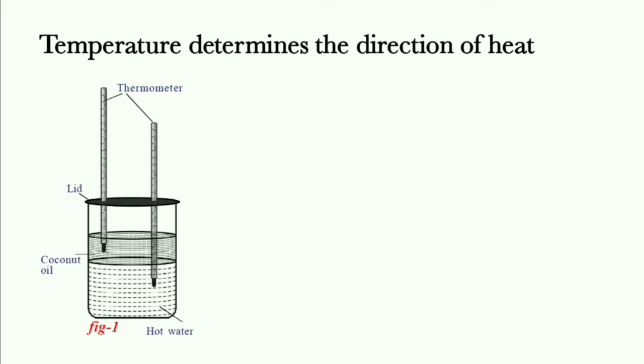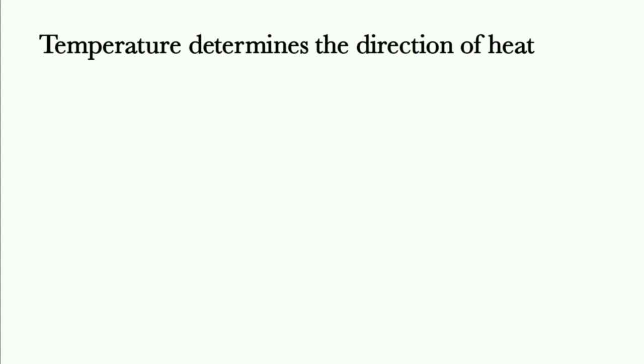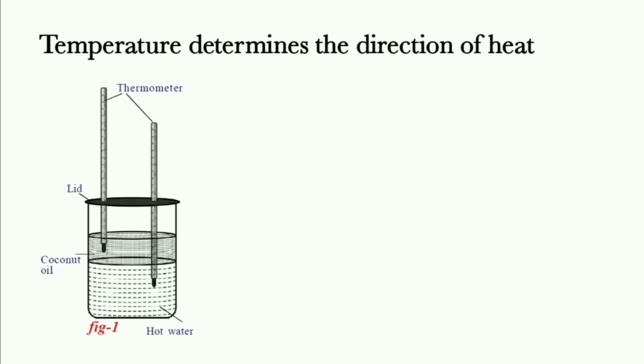That is in the beginning. Gradually we record these temperatures at equal time intervals in tabular form. You can do it in the notebook. You record the temperature changes in the 2 thermometers in the hot water and coconut oil. So this hot water thermometer initially shows 60 degrees and the coconut oil thermometer initially shows 30 degrees.